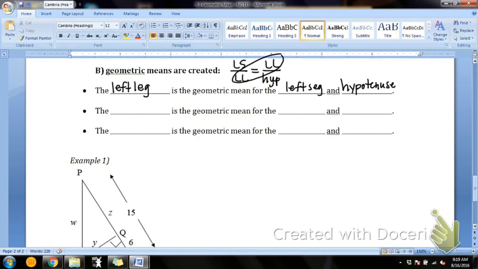Okay, what's another geometric mean that I have here? Right leg. And right leg was the geometric mean for what? Right seg and hypotenuse.